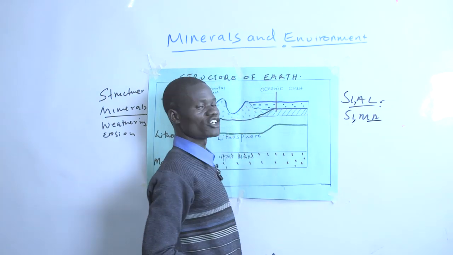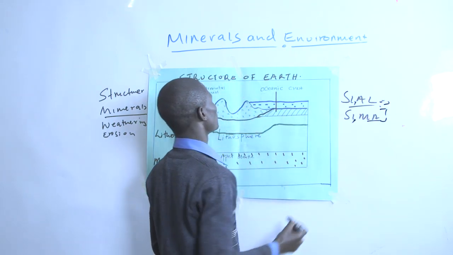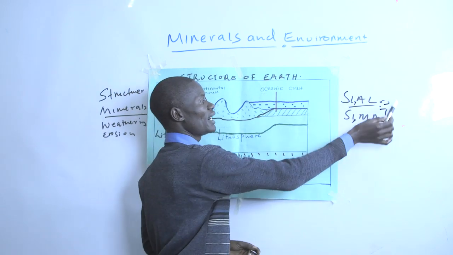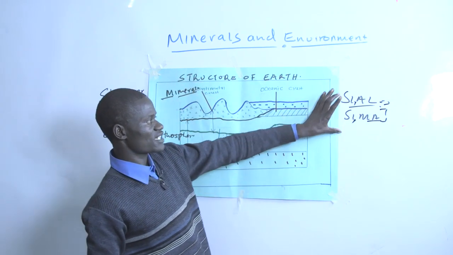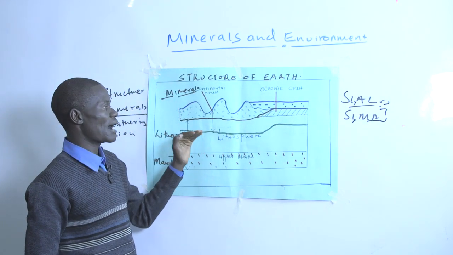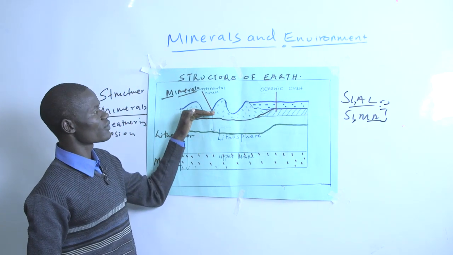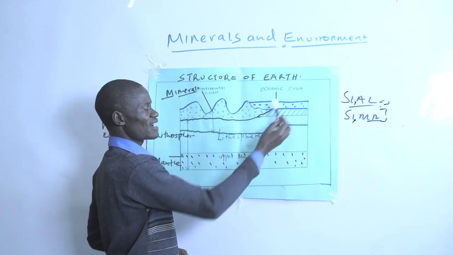That is silicon and magnesium elements that are found in the second part of the continental crust. Therefore, we are going to look into the continental crust as sial and sima, which make up the continental crust. But the continental crust itself is bordered by the oceanic crust.